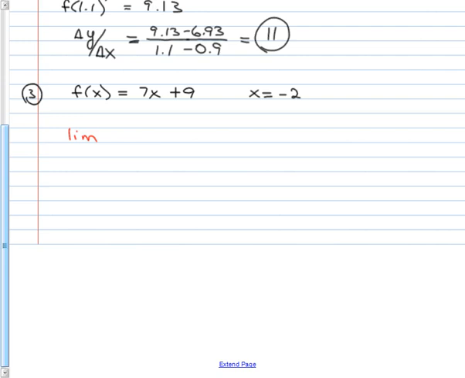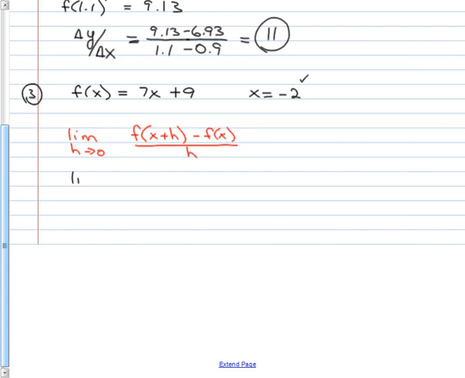The limit as h approaches 0 of f of x plus h minus f of x over h. Now we have an x value that we can use.